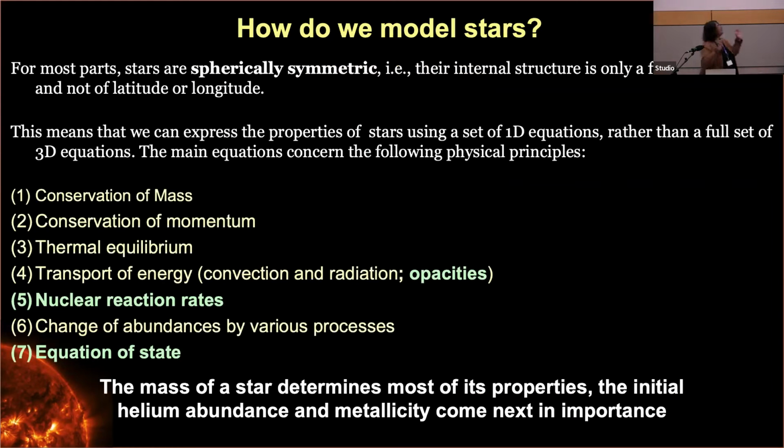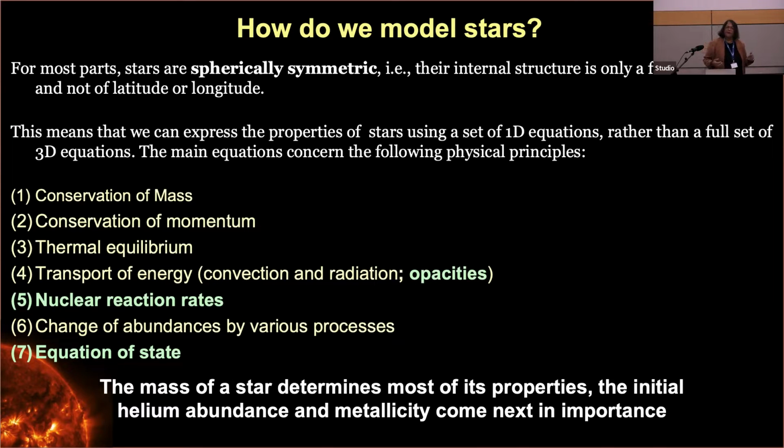So let's go to the basics. Since we're going to talk about physics, we need to know how we model stars, okay? The basic assumption we always make, and it holds reasonably well, is that stars are spherical systems.